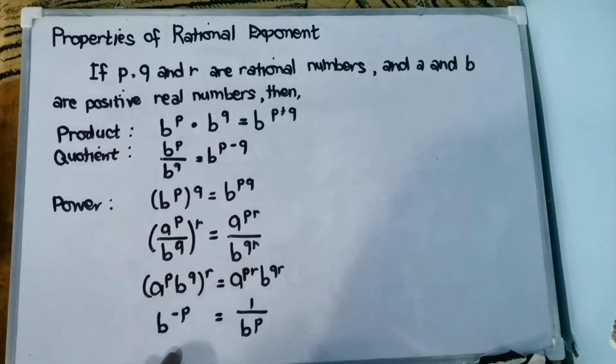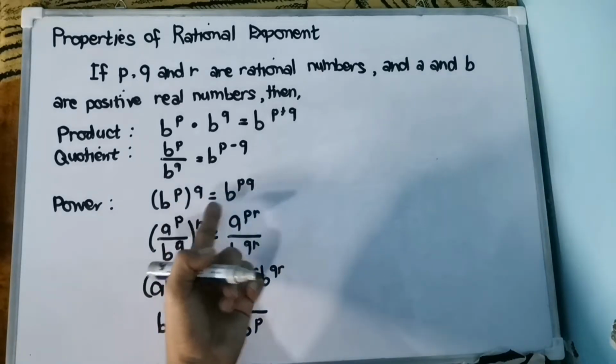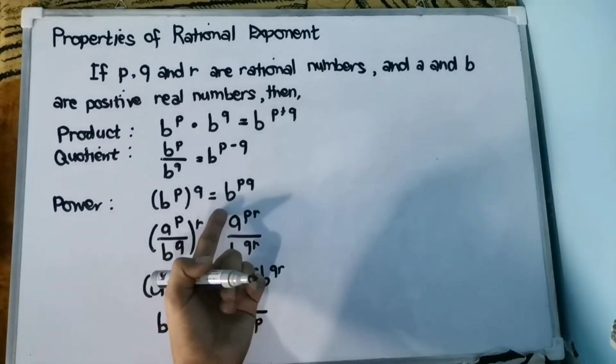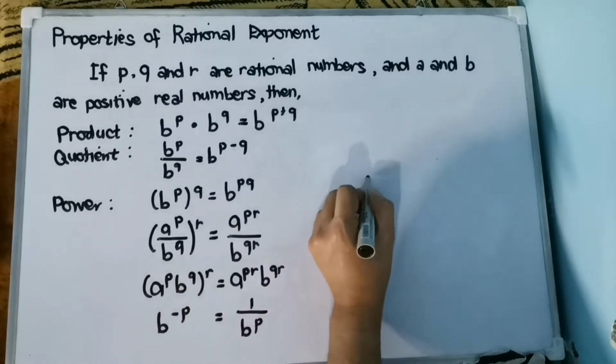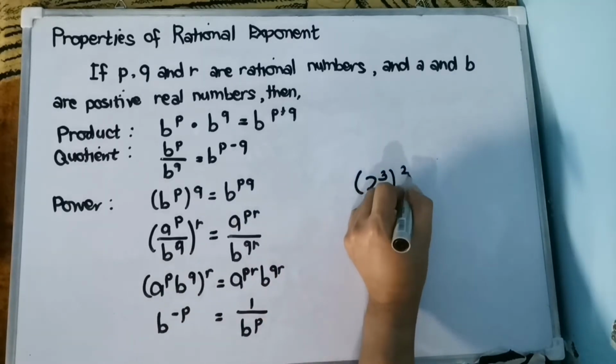So for the power rule, we have 4. The first one is b raised to p raised to q. Then you just multiply. So that is b raised to pq. Example, 2 cubed squared.